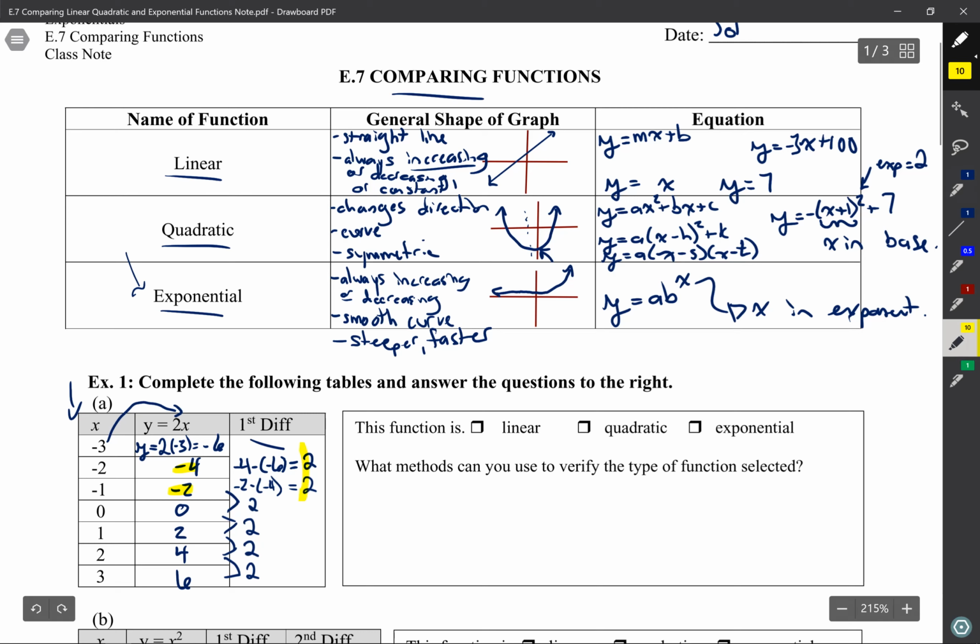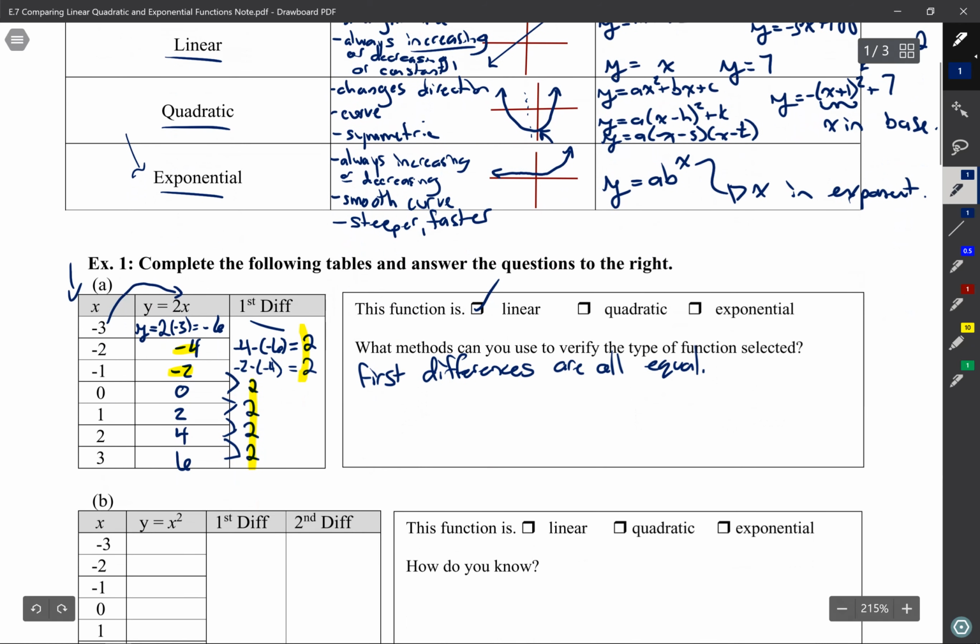So if all of my first differences are equal, then I have a linear function. And once I've identified it as a linear function, I don't need to check if it's quadratic or exponential, because it can only be one of these at a time.